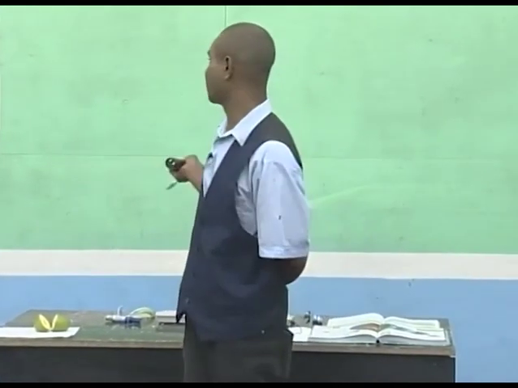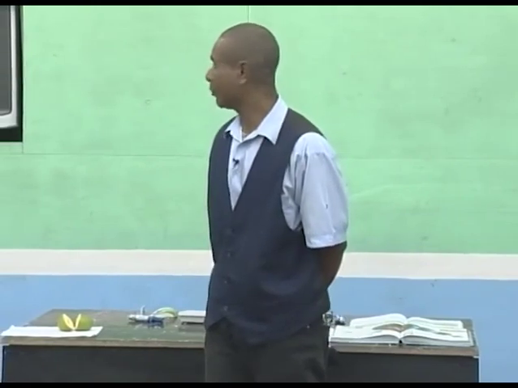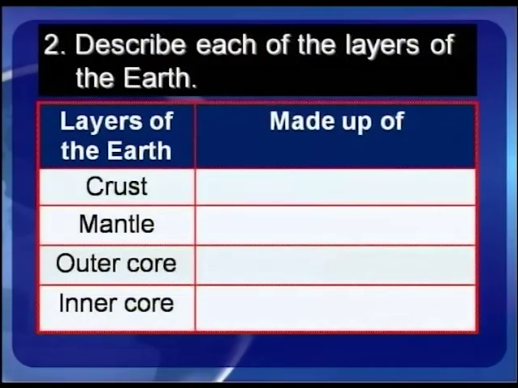Any other descriptions about the crust? All right, number 2. The second layer, which is just after the crust, is the mantle. What is it made of? Is it solid? Is it liquid? Uval? Made up of solid rock. Again, it is made up of solid rock.